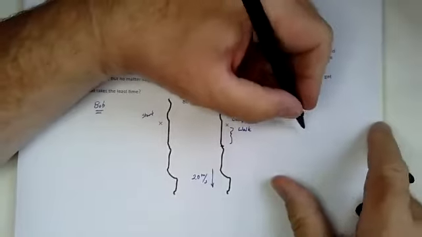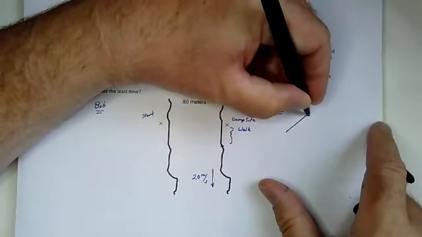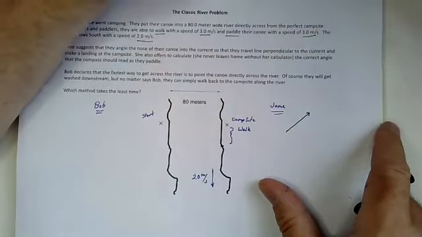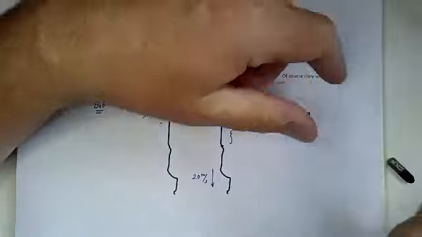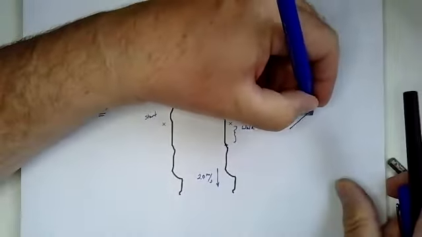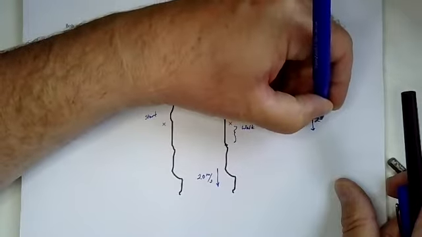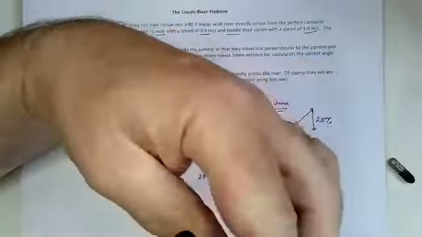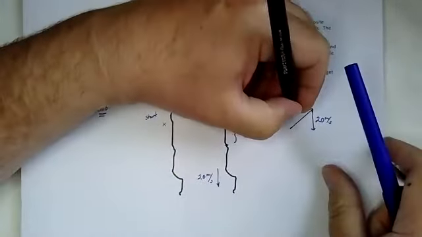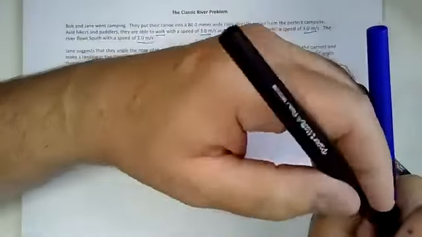In Jane's case, she is talking about using the velocity of the canoe, which is a vector, to neutralize the effect of the current. So that's 2 meters per second, and this is 3 meters per second.